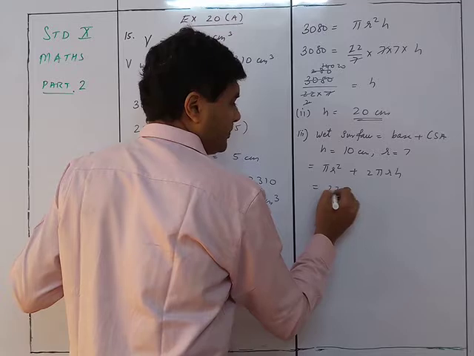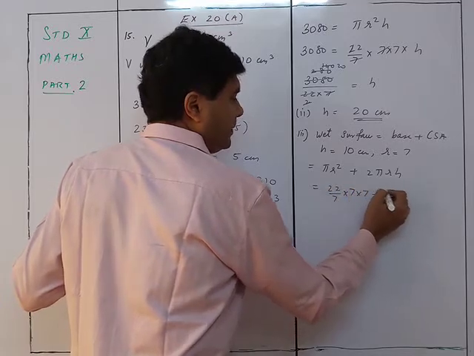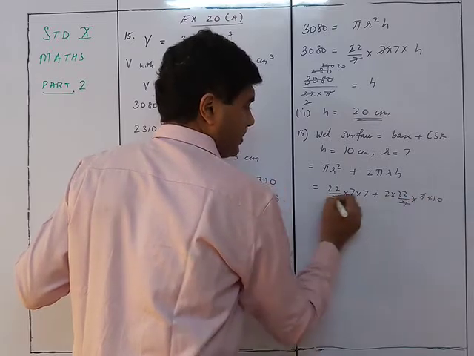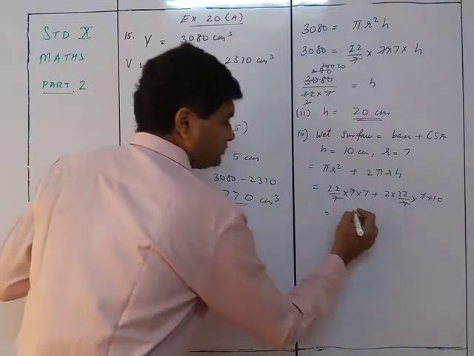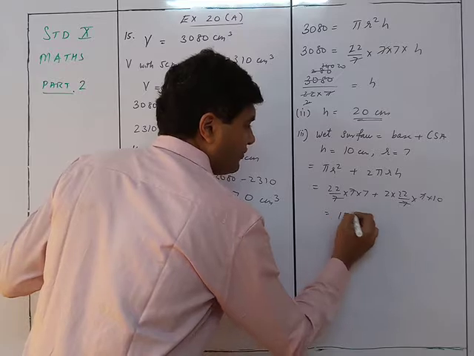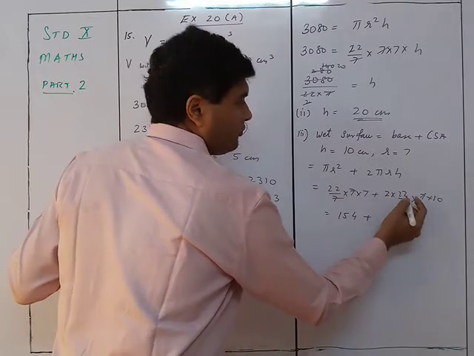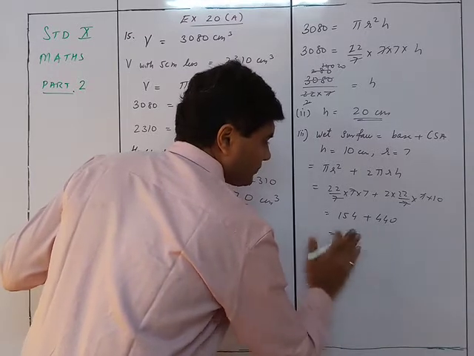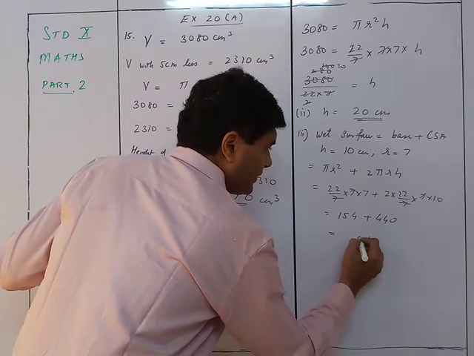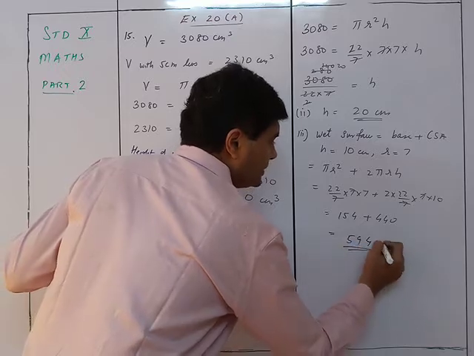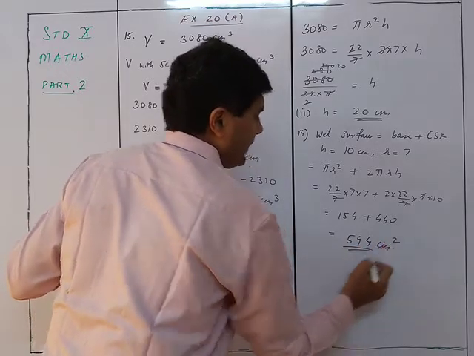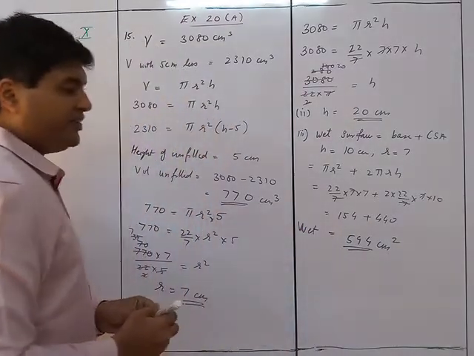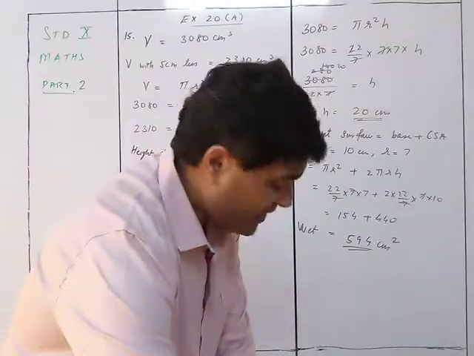So that is 22 upon 7 into 7 into 7 plus 2 into 22 upon 7 into 7 into 10. So 154 plus 440, that will be 594. So 594 centimeter square will be the wet area. So the wet surface area will be 594.